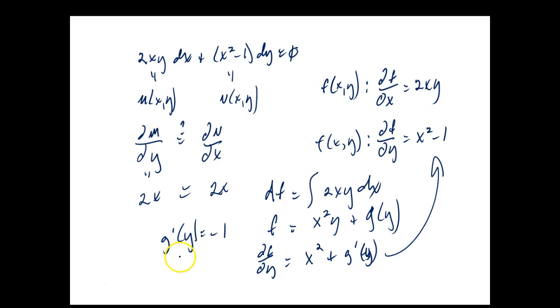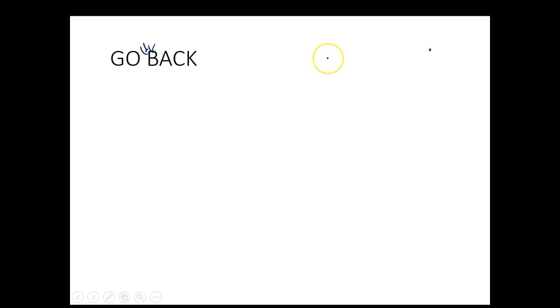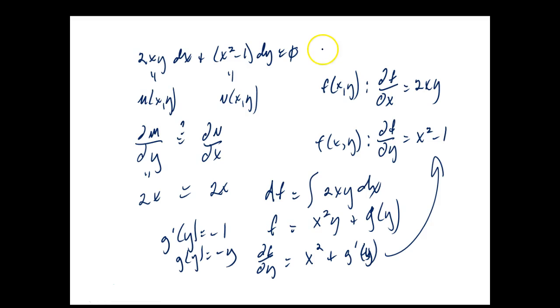So what would g of y have to be? Negative y. So what your f then is, f of xy, is equal to x squared y minus y.